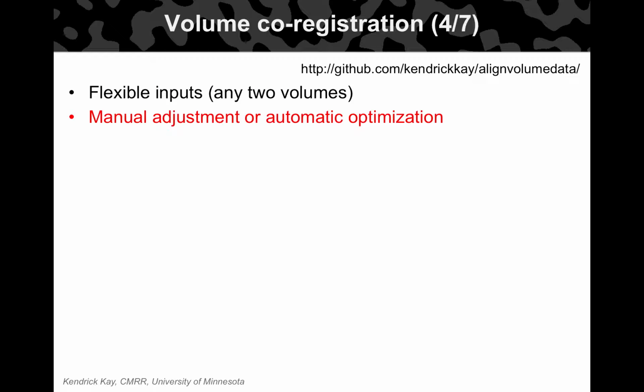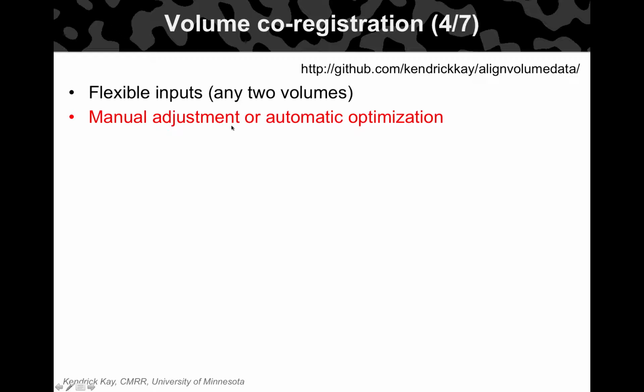In a lot of preparations, you don't have whole brain coverage, and automated methods for aligning two things where one has very little data can be susceptible to vastly incorrect solutions. So having the ability to both manually adjust as well as use automated tools is useful. If you have great data, maybe you want to determine the real optimal registration between two volumes, and doing that by eye is very difficult.